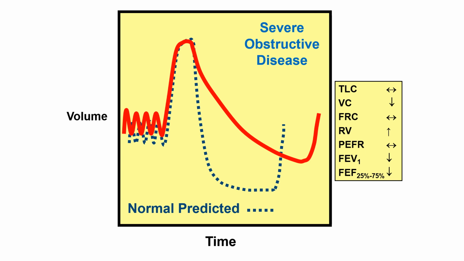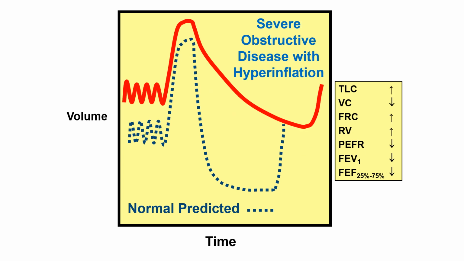This person can't exhale to the normal predicted residual volume. This would be very severe obstructive disease, like you might see in an adult with emphysema. Note that the total lung capacity can actually be increased, and the residual volume is hugely increased, and flow rate here is very flat, very decreased.